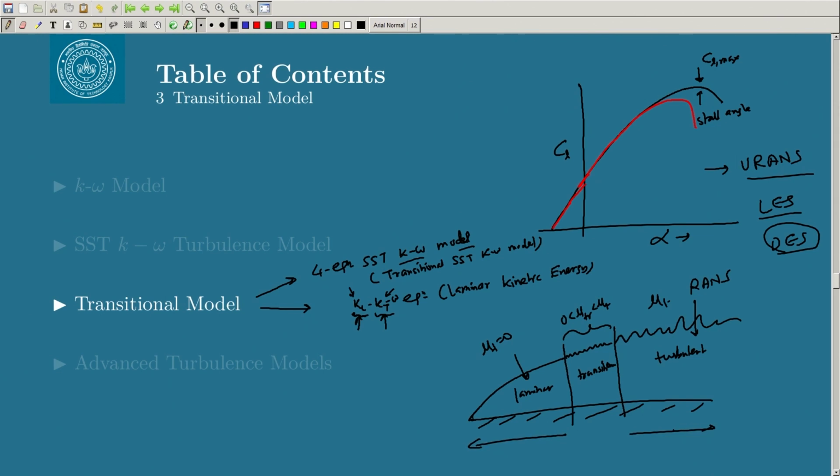One approach is to look at a term which is called intermittency. So, what is intermittency? It basically defines how much the flow is intermittent. If you look at the laminar flow, it is a very nice smooth flow, and particles are not jumping here and there.